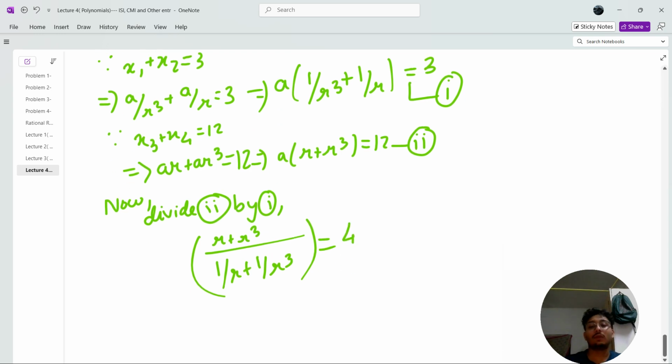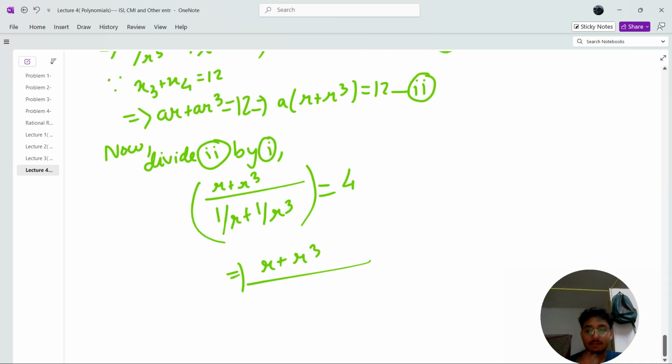So 12 by 3 is 4 and this side is this. r plus r cube. My LCM is r cube. So if I multiply, that gives me r square plus 1 equals 4.